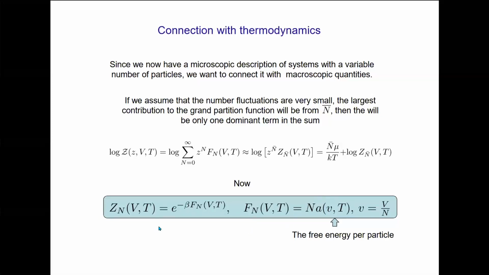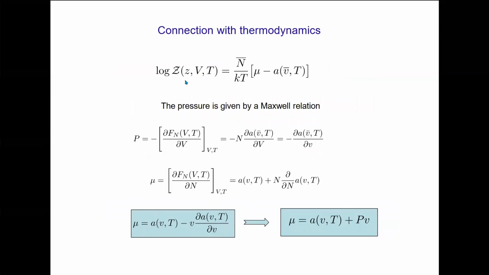Okay, so let's now substitute this canonical partition function in here, where the log simply becomes minus beta F_N, and for the free energy, we substitute this expression. This is the result. So in the thermodynamic limit, we expect the logarithm of the grand canonical partition function to scale as the average number of particles over kT times mu.